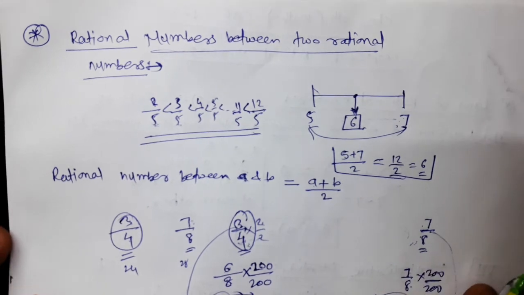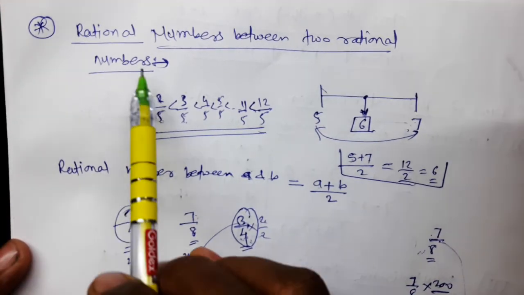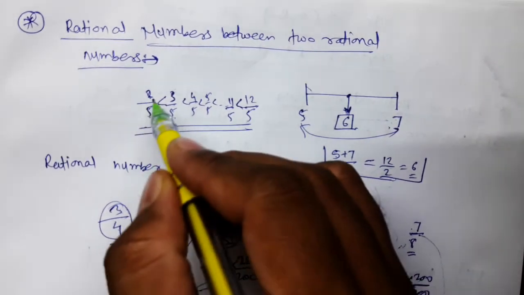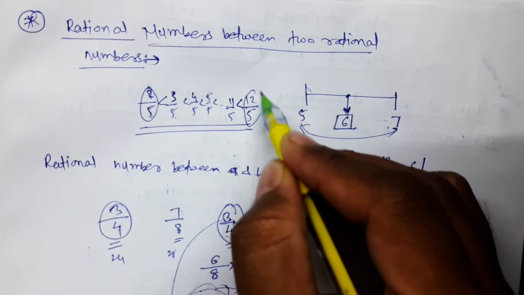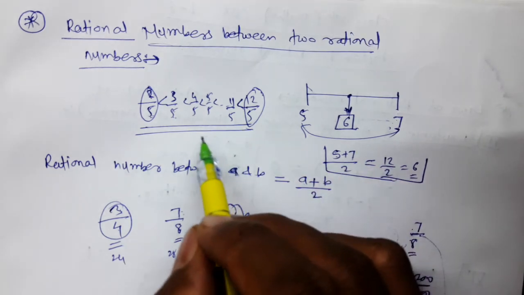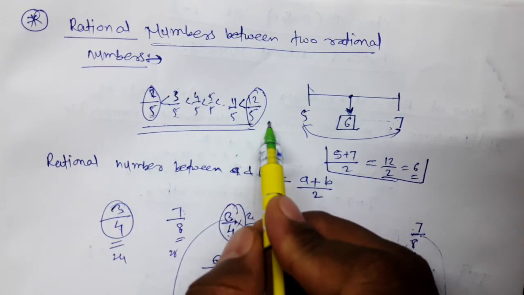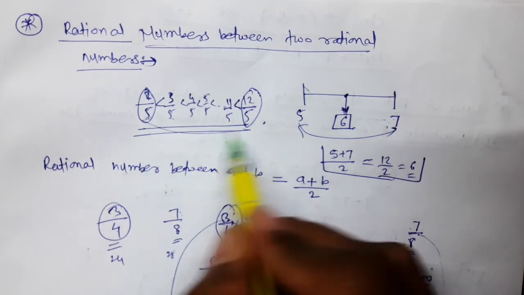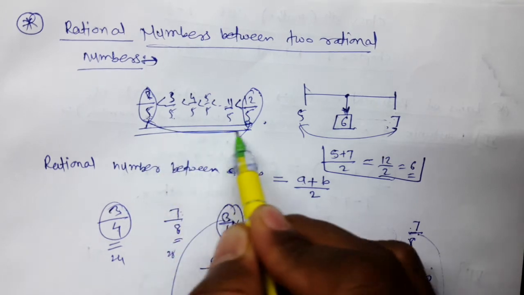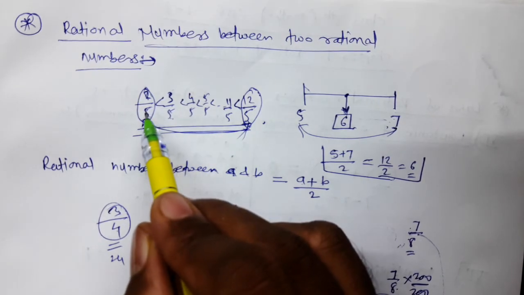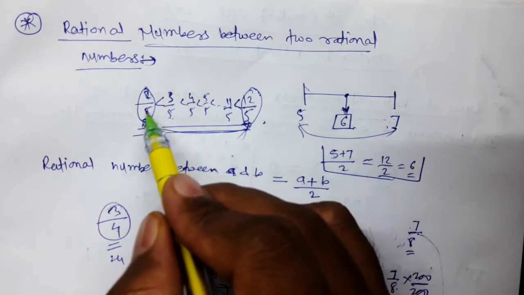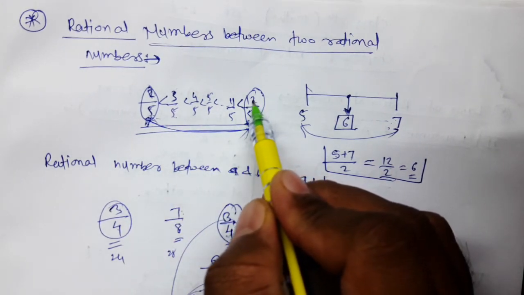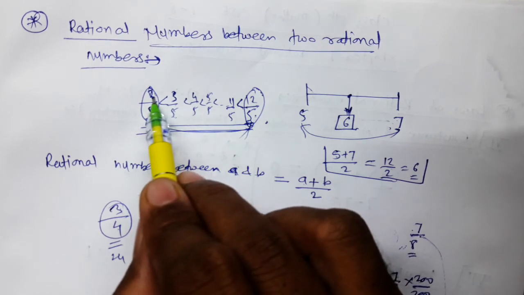Now the next point is rational numbers between any two rational numbers. Suppose there are two numbers, 2 upon 5 and 12 upon 5, and we have to find the numbers in between them. There is a rule: if denominators are equal, then the number whose numerator is greater is greater. In these two numbers, 12 is the greater numerator than 2.